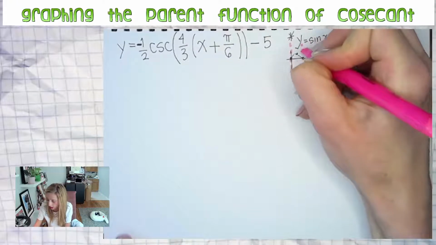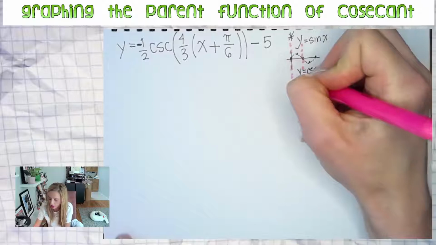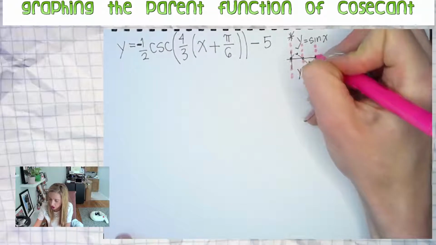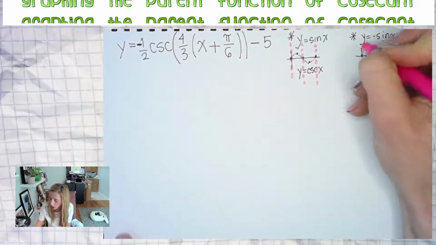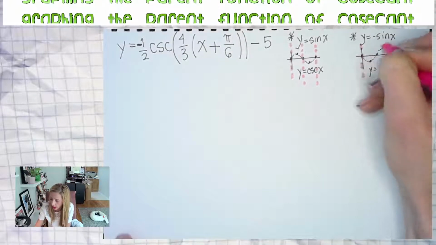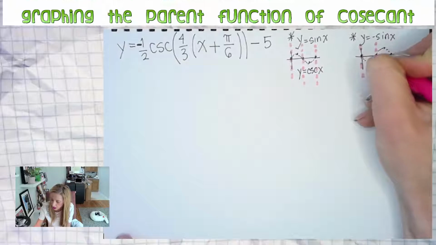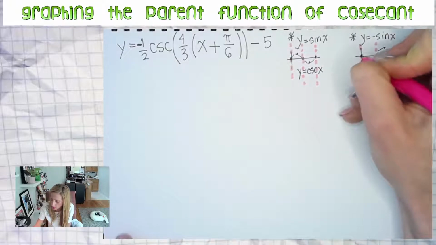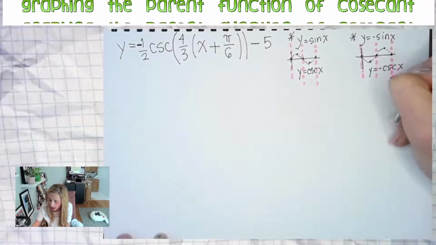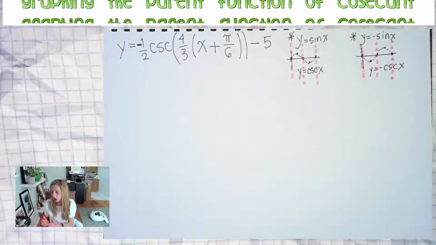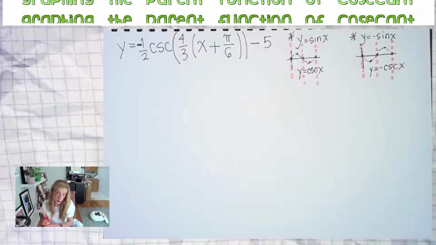So all zeros, when you change into the reciprocal, which is cosecant, are going to become what we call a vertical asymptote. You might remember vertical or horizontal asymptotes from Algebra 2 with exponential functions, logarithmic functions, and rational reciprocal functions.